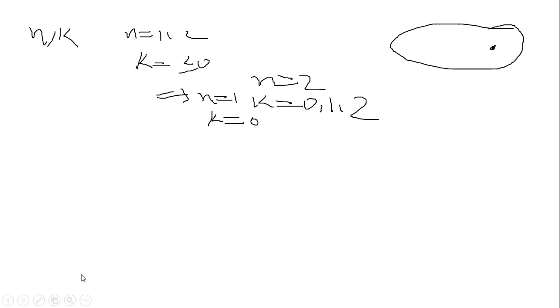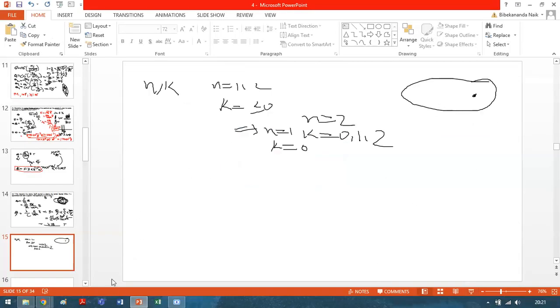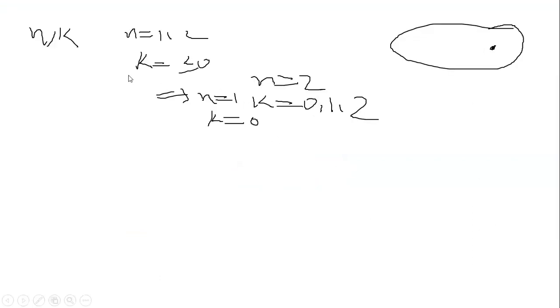But here, as you notice, for L, if we consider the orbital magnetic moment, it was k that was related to the orbits. After that, quantum mechanics was developed.